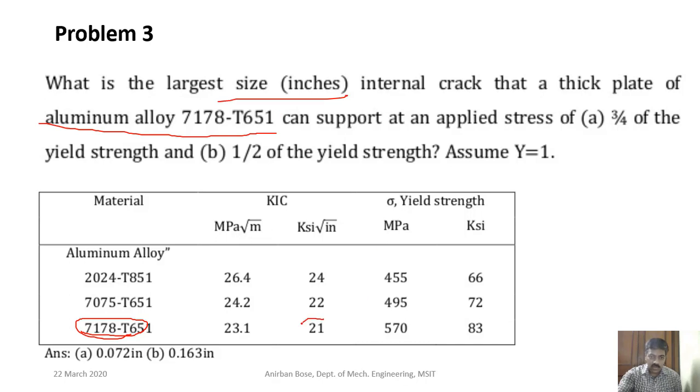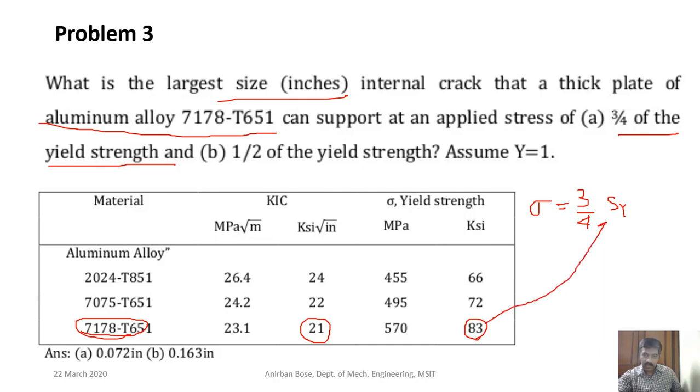This is one of the data: the fracture toughness, and the yield strength value is this one, 83. So what is the applied load? The applied load is given as 3/4 of the yield strength. That is the first part of the problem. So 3/4 of the yield strength, and that yield strength is 83. So you know what sigma is. Y is given as 1, and the fracture toughness is 21.